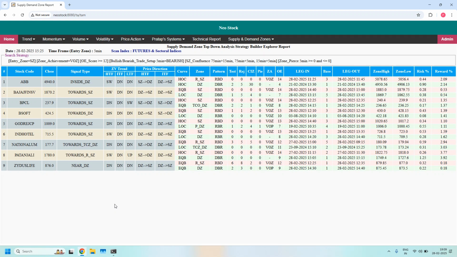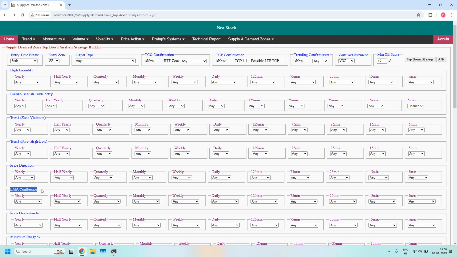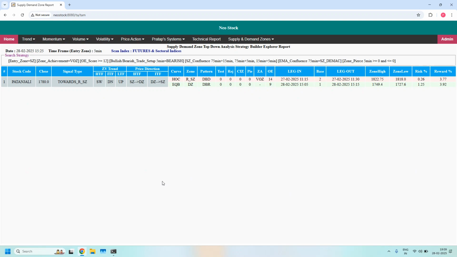HTF is 75. So we need to check whether the 75-minute supply zone has daily EMA confluence. So in the EMA confluence at 75 minutes time frame, I am checking this 75-minute supply zone having daily EMA confluence. With this filter, we got one stock.